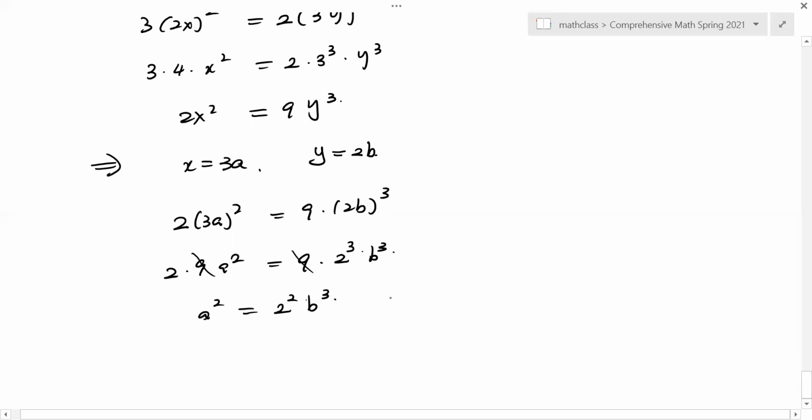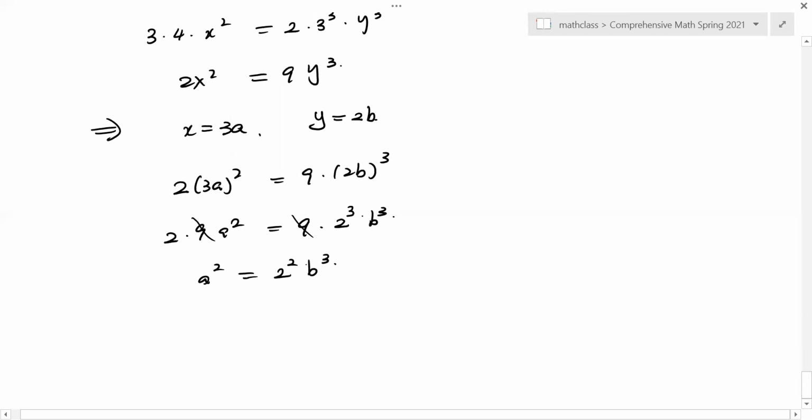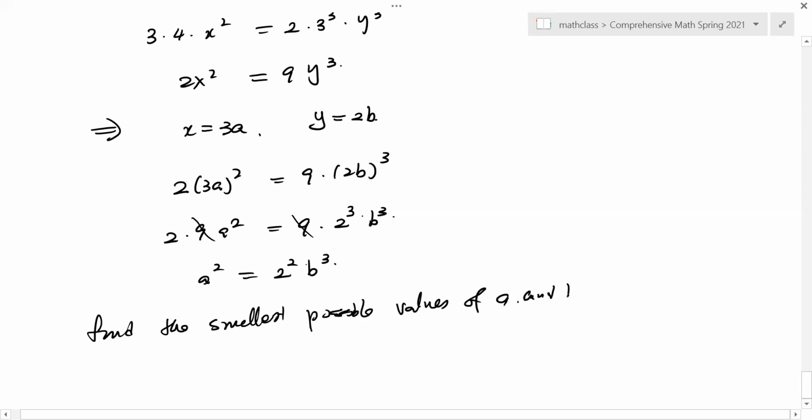Now we try to choose the smallest possible values for a and b such that the above equality holds.